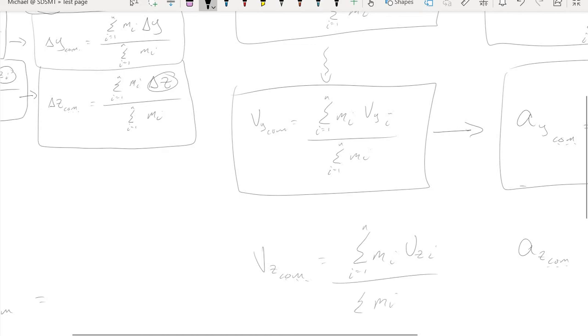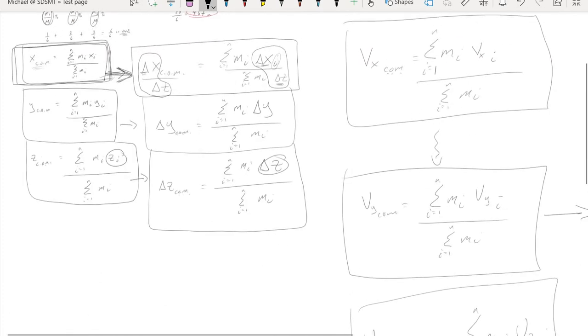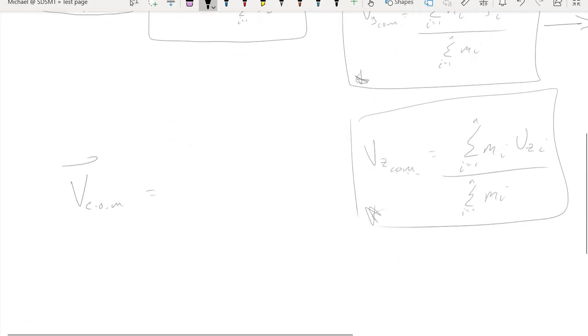Remember, velocity is a vector. But each of these is only a component. This is just the x component of the center of mass velocity. This is just the y component. This is just the z component. If I want to know the full center of mass velocity, then we have to put those together in component form to produce the full three-dimensional vector.